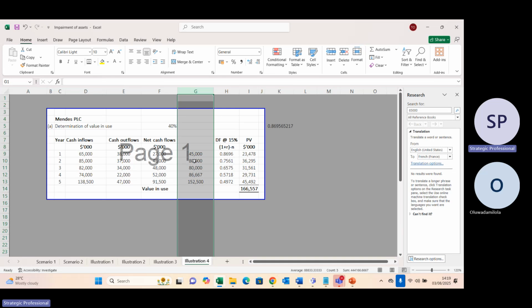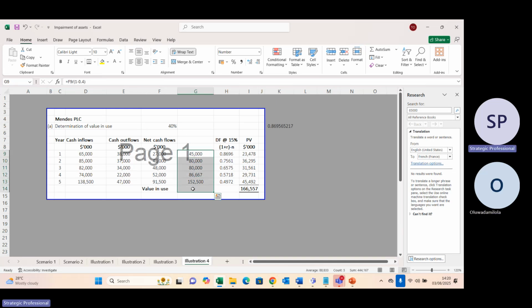So if the examiner did not say anything, please don't assume. But if the examiner says this cash flow you are using is post-tax, that I have already removed tax from it, then I assume all these ones here are post-tax. In working back, it is this amount divided by 1 minus t, the tax rate, which I've assumed is 40%.